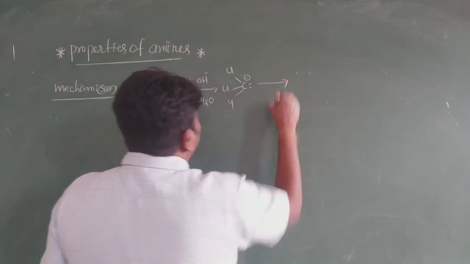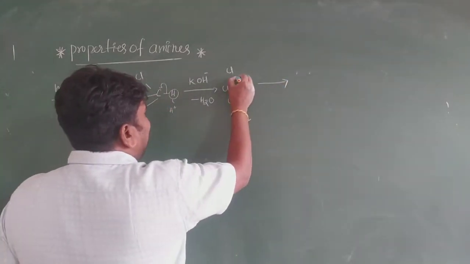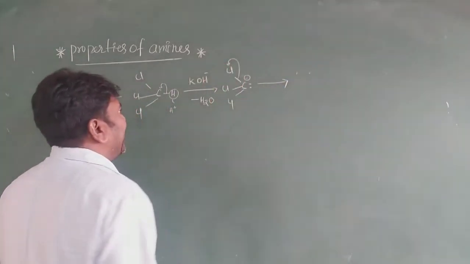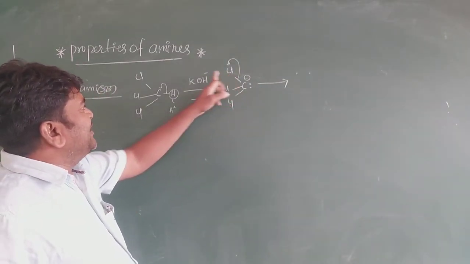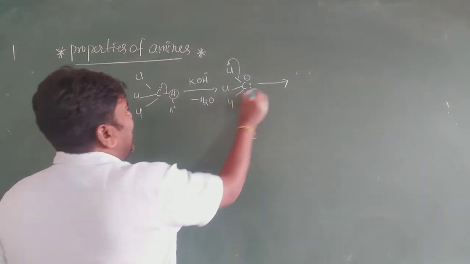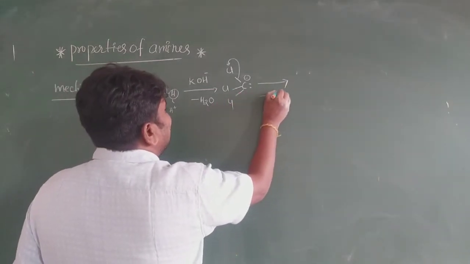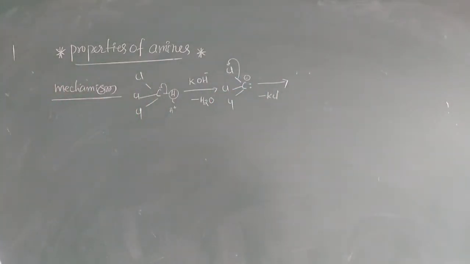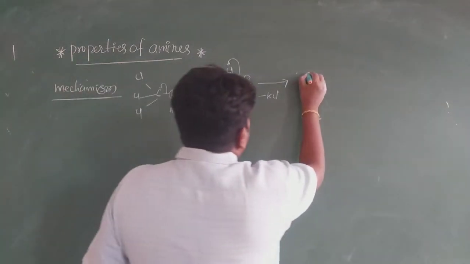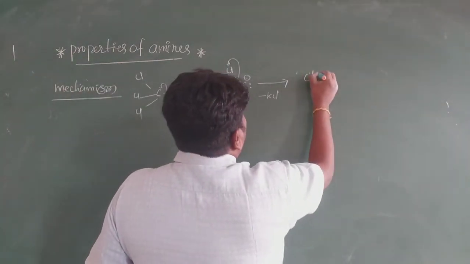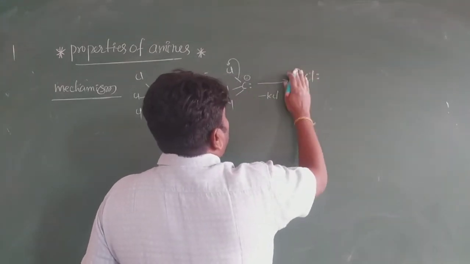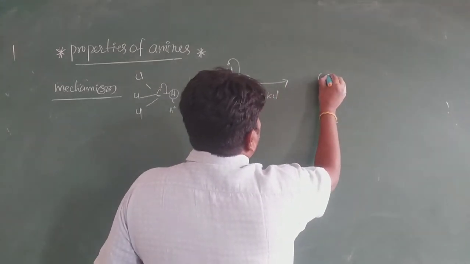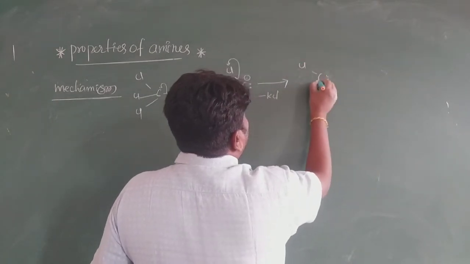This gives rise to these two electrons gained by Cl, forming Cl minus, and K plus with Cl minus, KCl is eliminated. Next, you have to see there is a lone pair on the carbon, with a Cl and a Cl.